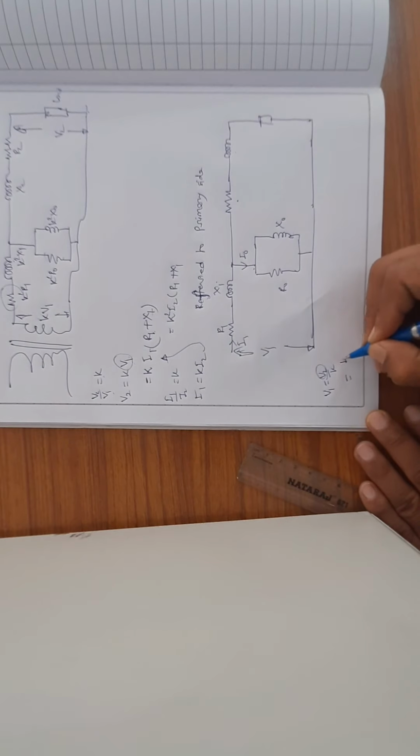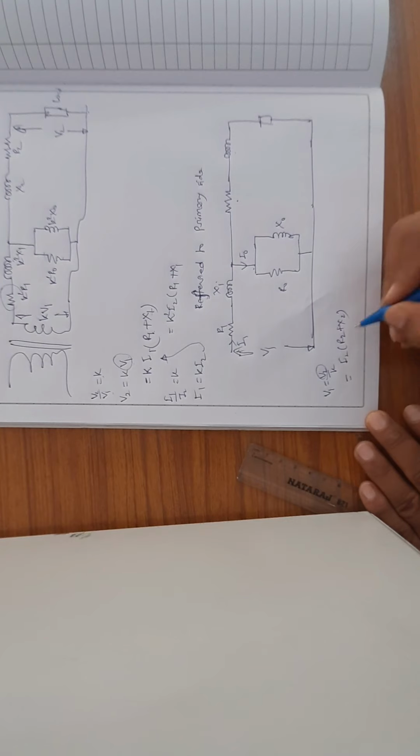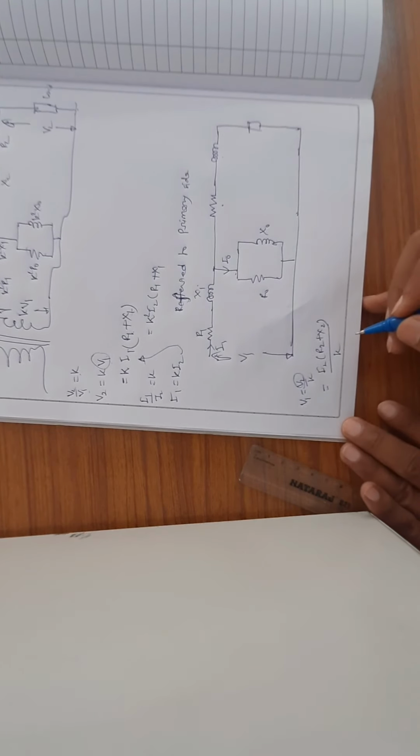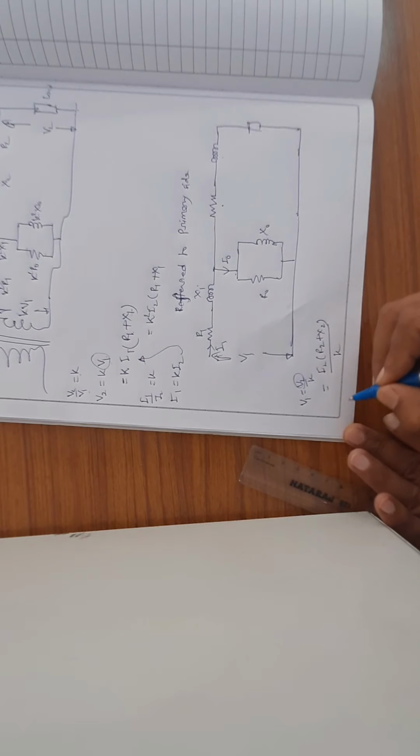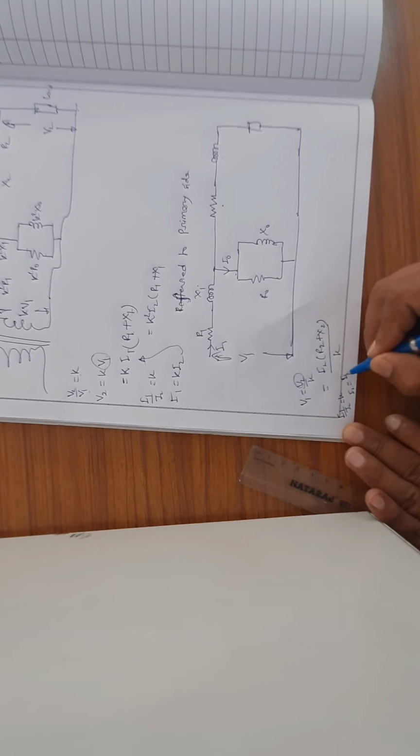We write I2 R2 plus X2 upon K. And we also know that I1 upon I2 equal to K. So I2 equal to I1 upon K.